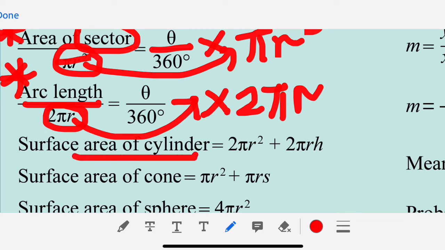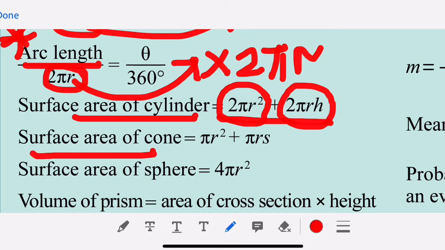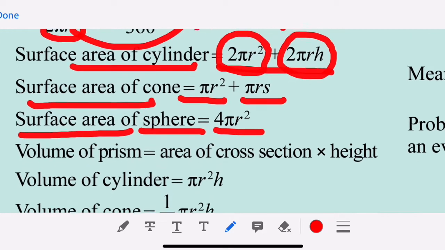Surface area for cylinder. This one is the cover, pi r squared, and this is the body of the cylinder. And surface area of the cone, pi r squared plus pi rs. Surface area of the sphere, 4 pi r squared.